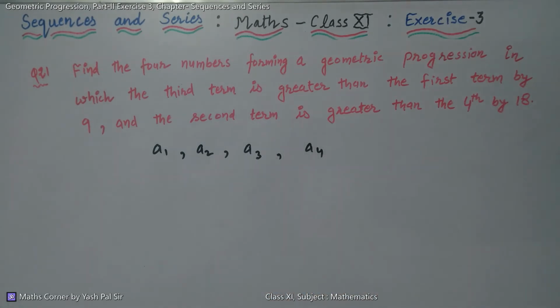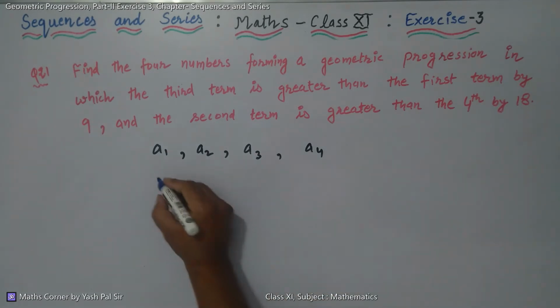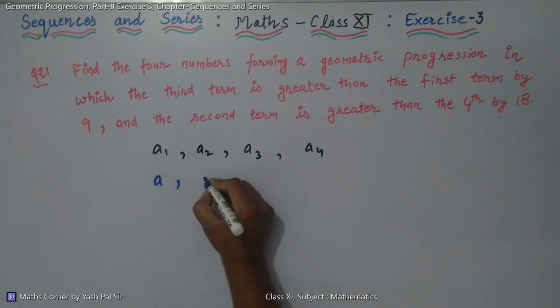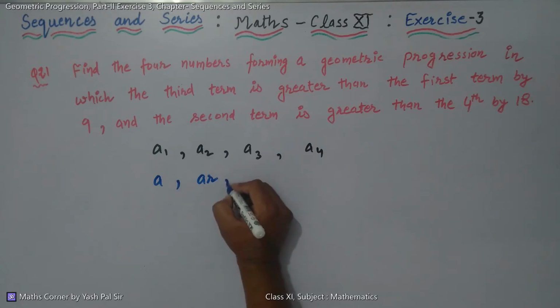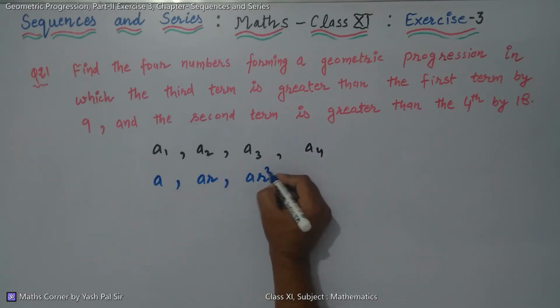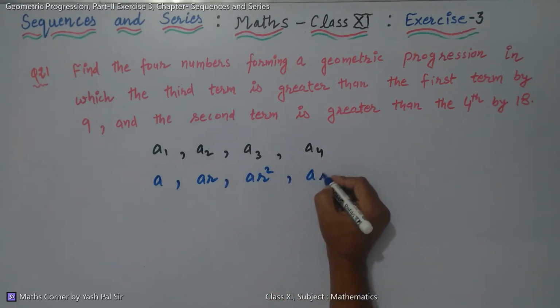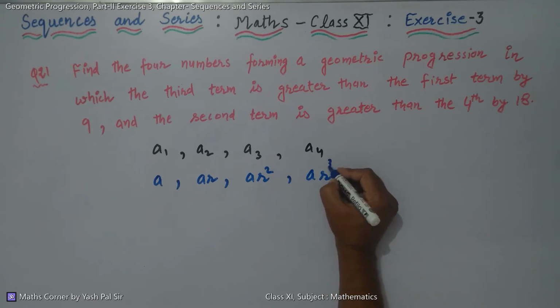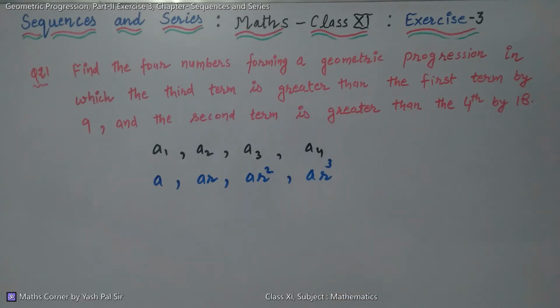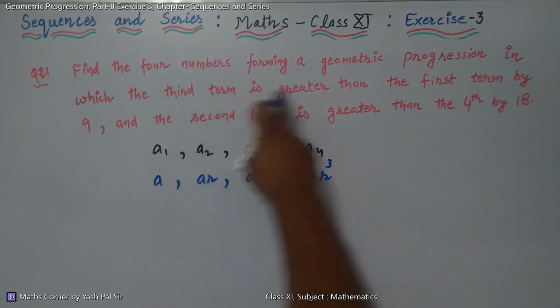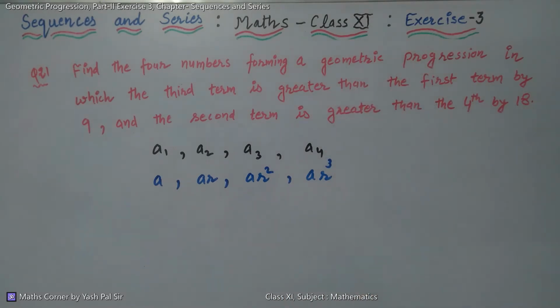We can also name them as first term a, ar, ar square, ar raised to power 3, because these four numbers are forming a geometric progression, right? Now what is the condition?